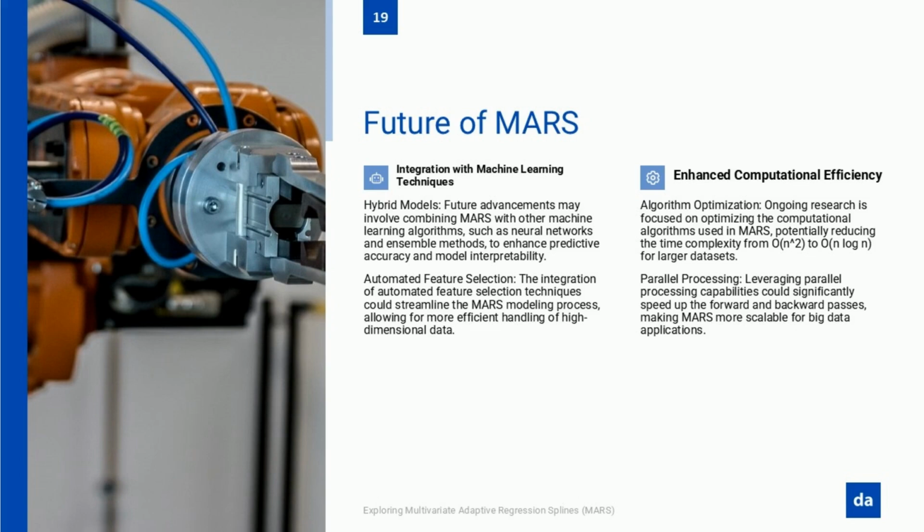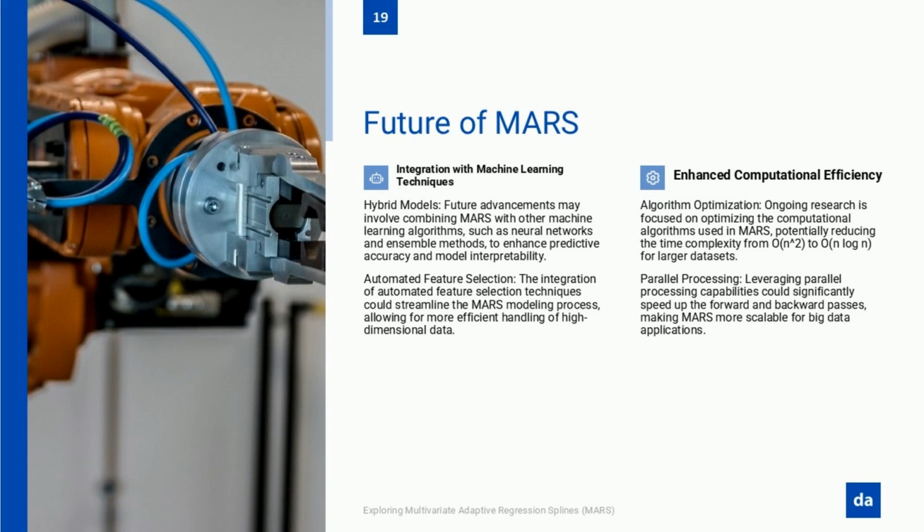MARS is also evolving into a more accessible, user-friendly tool. Improvements in software implementations, such as better visualization tools, interactive model exploration, and integration with AI-driven analytics platforms, are making MARS more accessible to business analysts and decision makers, not just data scientists.